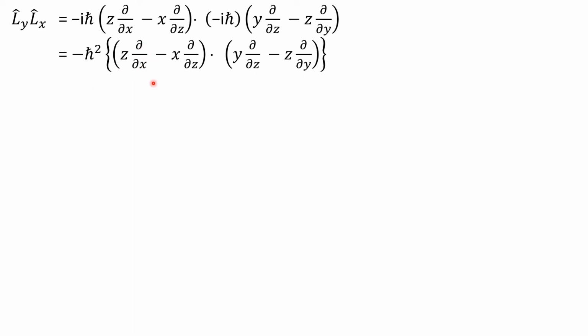The remaining term is z ∂/∂x minus x ∂/∂z into y ∂/∂z minus z ∂/∂y.